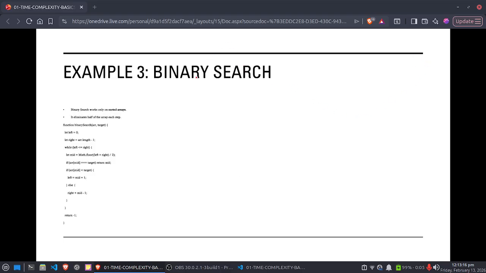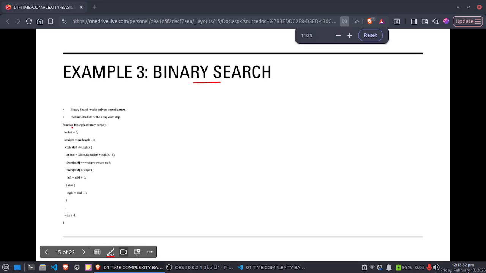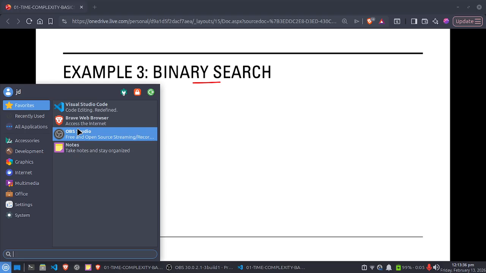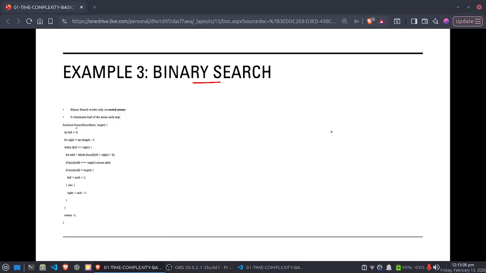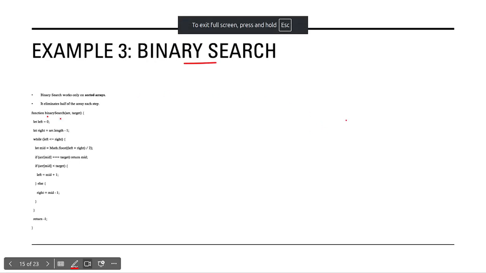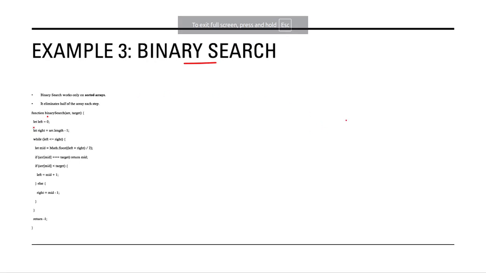Now example 3 is binary search. This is the most important and most optimal time complexity. In this case it is O(log n), meaning we divide the array into parts. If you see here, I just declared two variables, left and right.